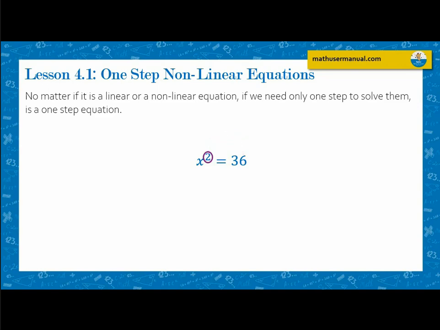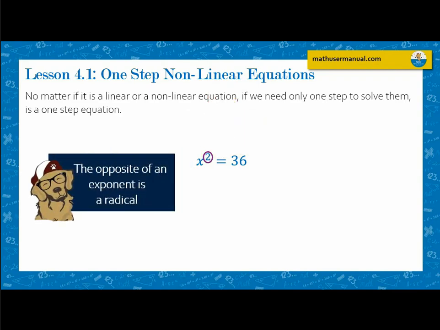The same way we have been moving numbers and things around our equations, using the inverse operation. But now the question is, what's the inverse operation of an exponent? It's a radical, as simple as it is. So if we have an exponent of 2, we make a radical of index 2. That way, the radical and the exponent cancel.